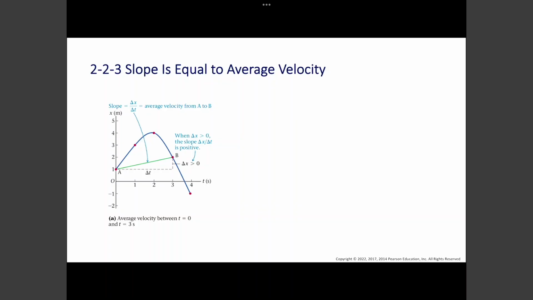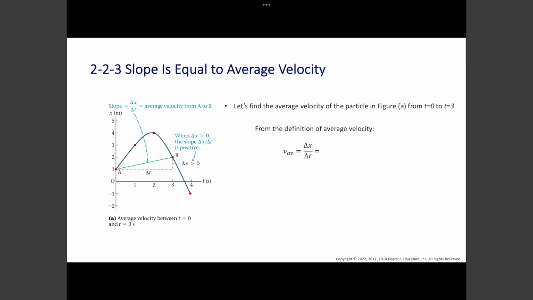Now an x versus t plot leads to a particularly useful interpretation of average velocity. Let's find the average velocity of the particle in figure A from t equals 0 to t equals 3. From the definition of average velocity, v average is equal to delta x over delta t.